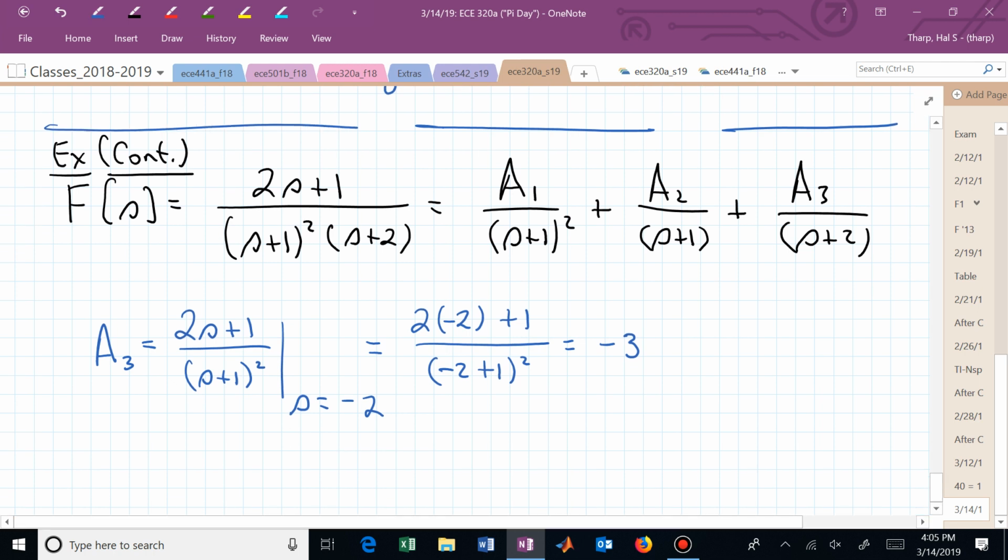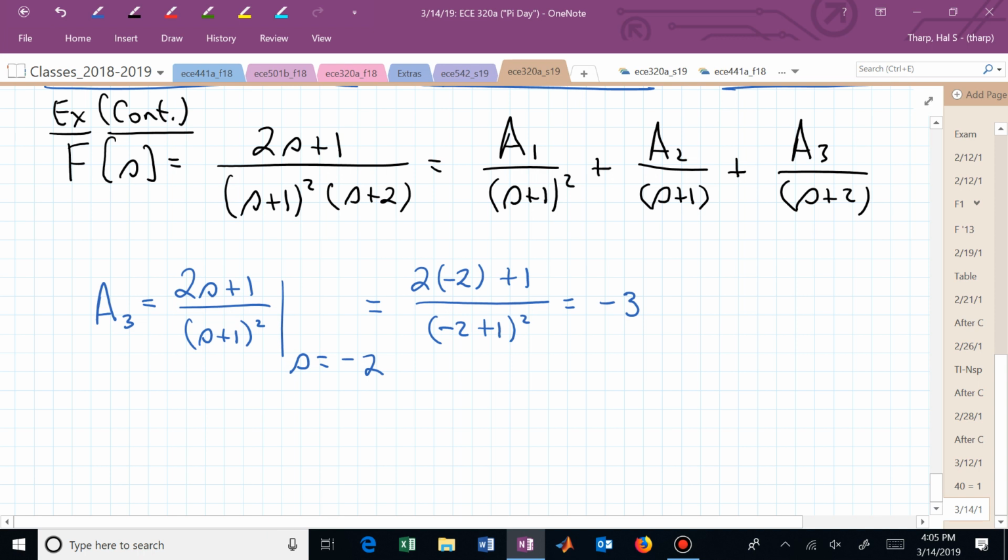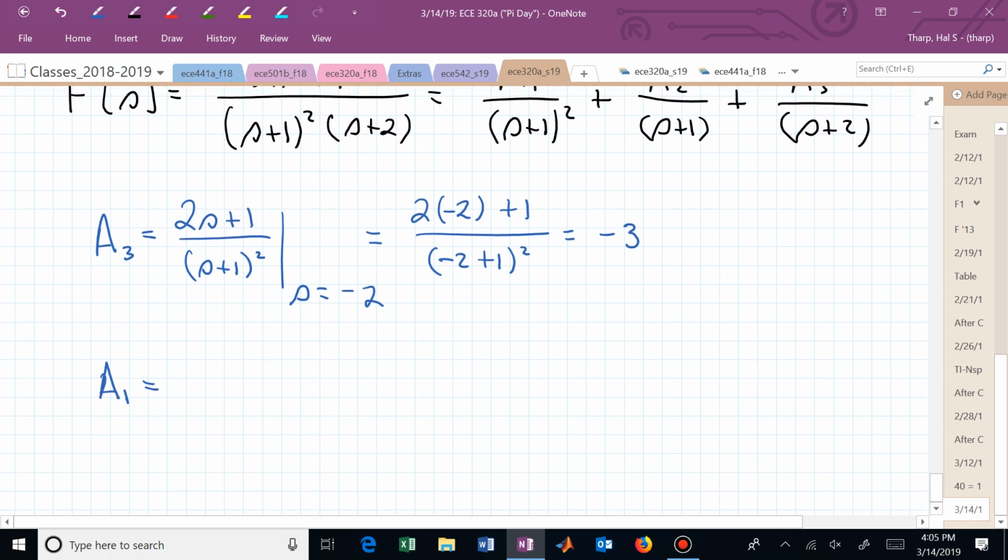The next one that's straightforward, using the cover-up, is to find the coefficient associated with the highest power of my repeated pole factor. And that's A sub 1. A sub 1 is now 2s plus 1, same numerator, over s plus 2, evaluated at s equal to minus 1.